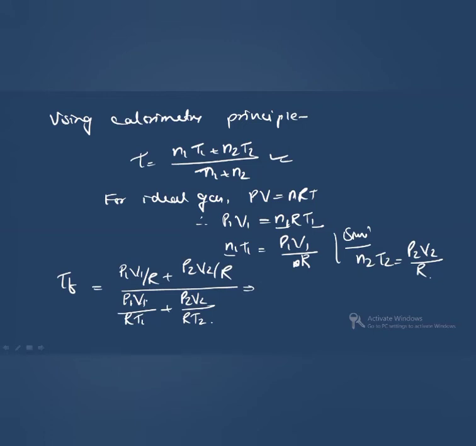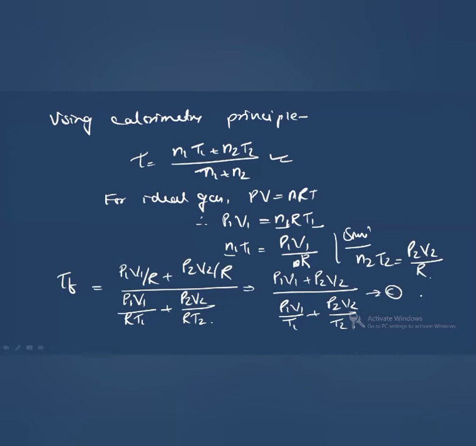If you take 1 by R common, the R will get cancelled. In the numerator you will have P1 V1 plus P2 V2, divided by P1 V1 by T1 plus P2 V2 by T2. So the correct answer is option C.